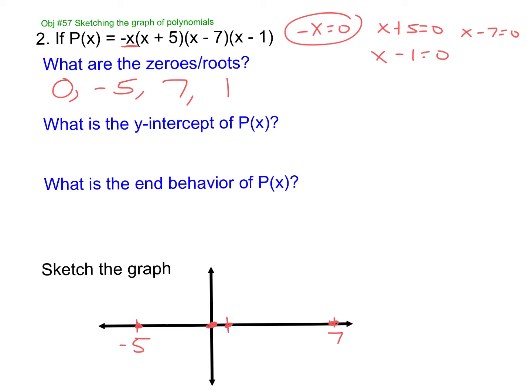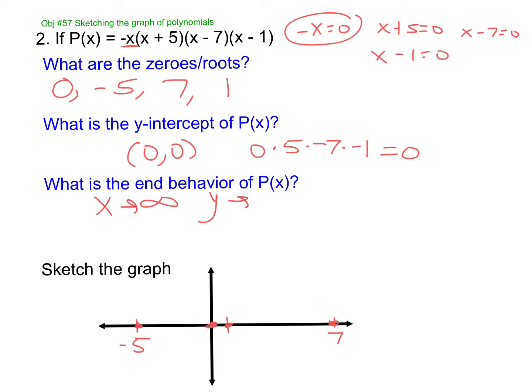The y-intercept, if we plug in 0, we get 0 because of that x out front. We get 0 times 5 times -7 times -1. All right, as x goes to infinity, what happens to my y? Here's how I do these. I'm going to do it my way this time.